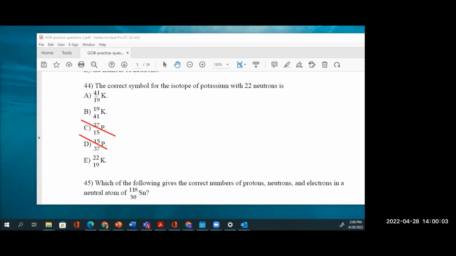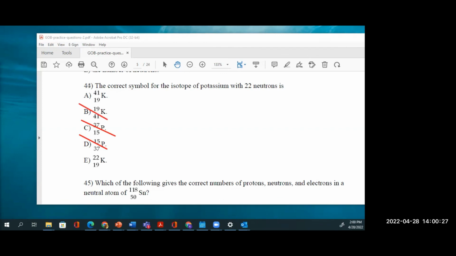So what goes on top? Is that going to be the mass or the atomic number? What is the atomic number? So 19 is our atomic number for potassium. Okay, so the atomic number is 19, so we know that should be at the bottom, right? So we can get rid of this.